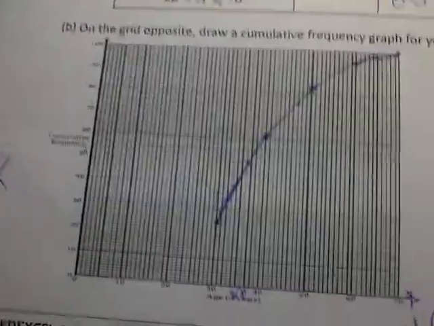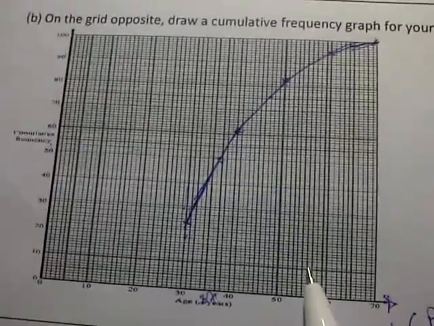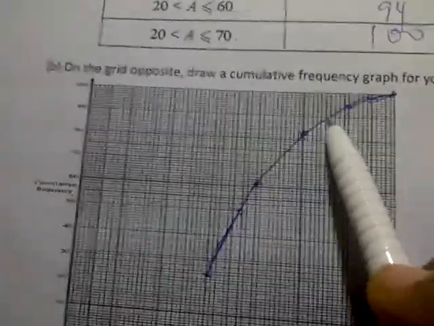Now the next question that followed was that we should use our graph to estimate the number of teachers that are older than 56. So from here you go to 56 and trace.